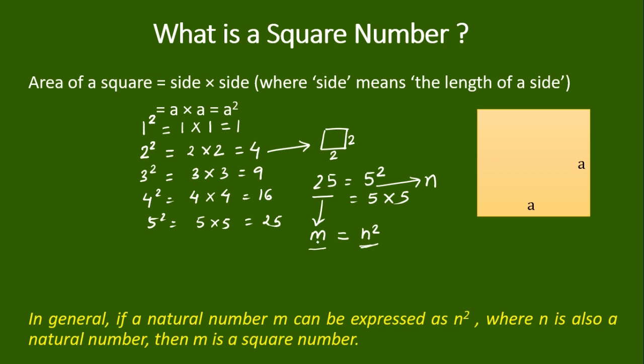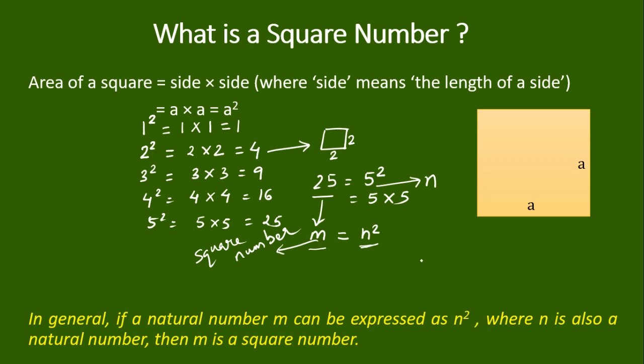Then this m is termed as a square number. I think all of you must be clear now. So square number means any number multiplied by that number itself is known as a square number.